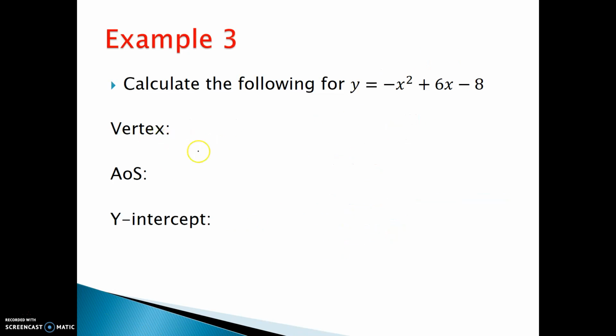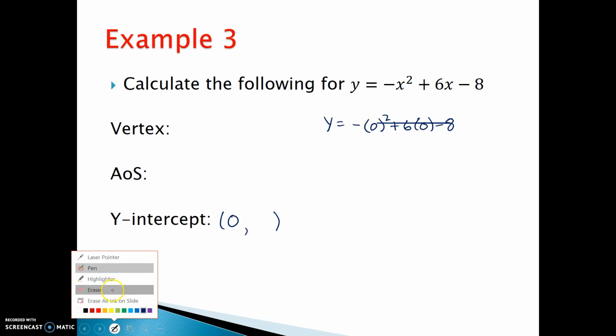So on this one, I'll skip the vertex. I'll skip the axis of symmetry. Let's see if you can catch that pattern here. So find the y-intercept. Let me put (0, something). And so again, let me plug in 0 for x. So I get negative 0 squared plus 6 times 0 minus 8.